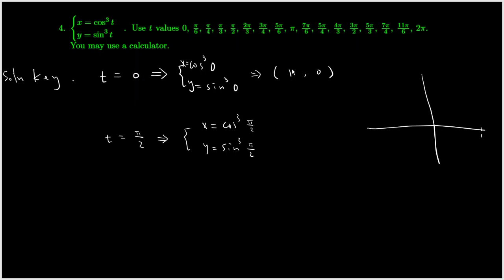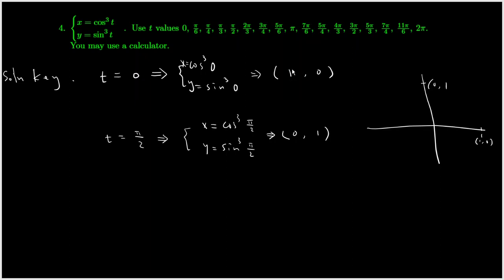Now let's recall some famous trig values. So this will give you the point with x coordinate of 0 and y coordinate of 1. By that we mean the point with x coordinate of 0 and y coordinate of 1 is on the graph. So that's 0, 1.